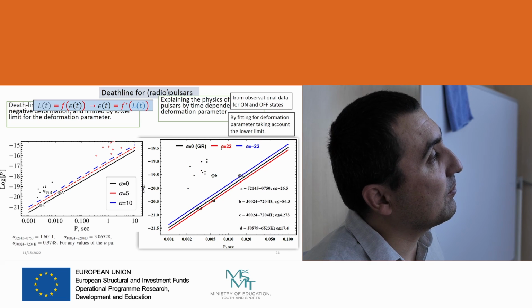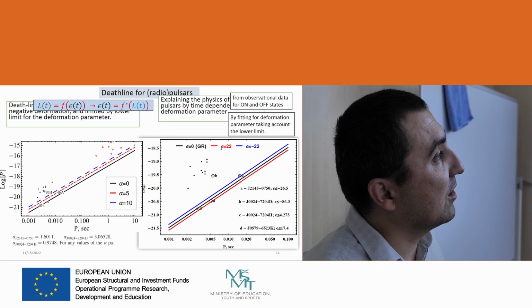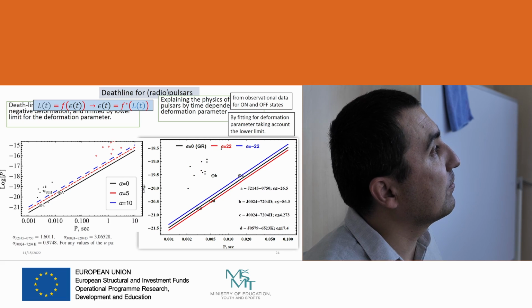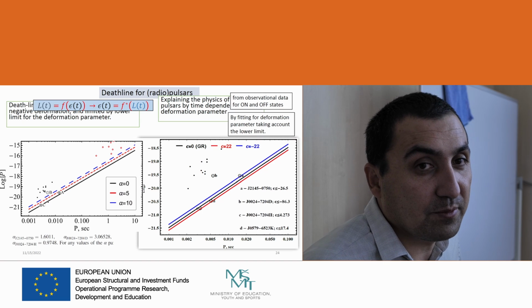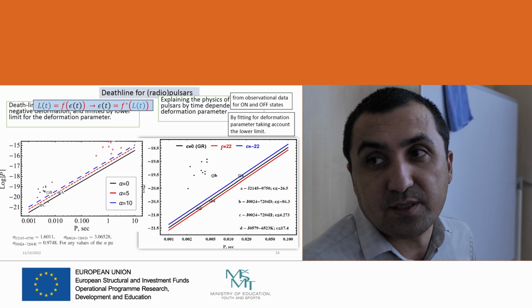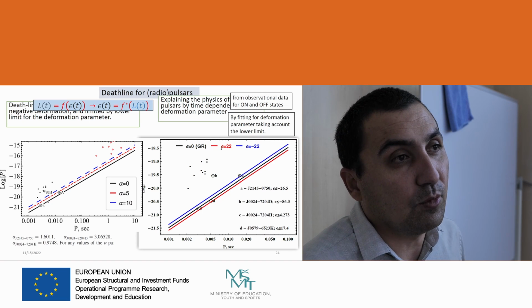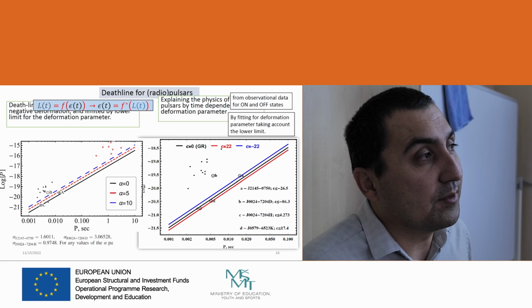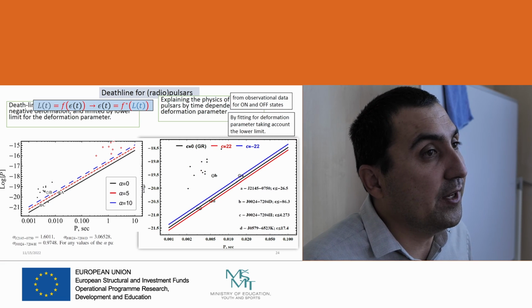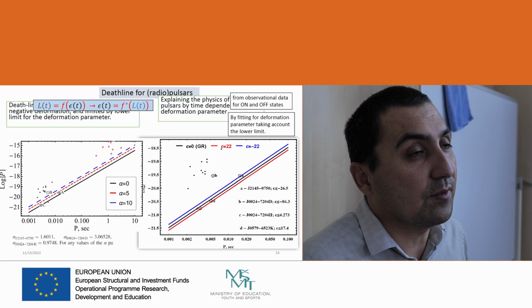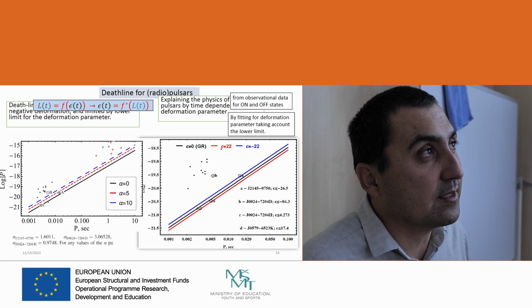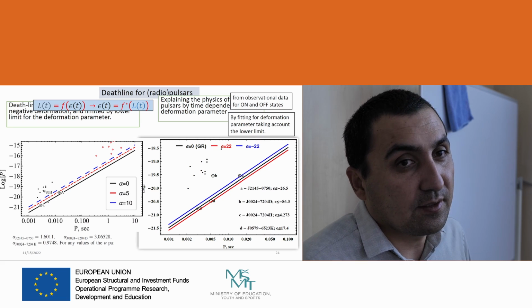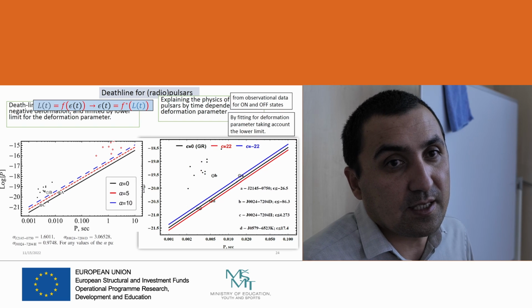So the Mach parameter also shifts the line up, and a visible pulsar can disappear from observation due to the presence of the Mach field. The Mach field is a field which has scalar, vector, tensor characteristics.